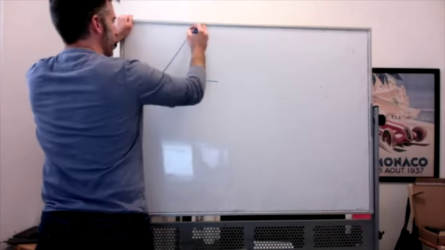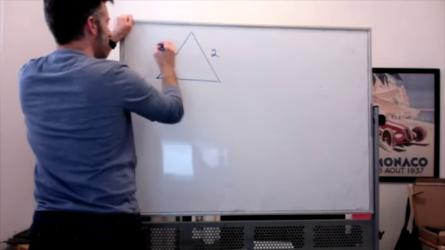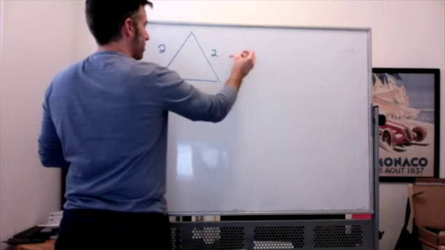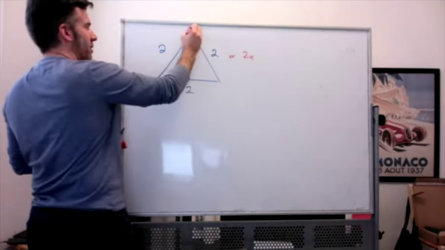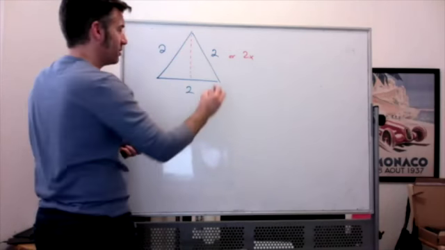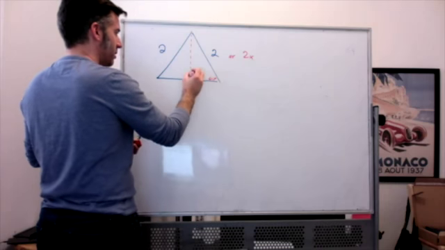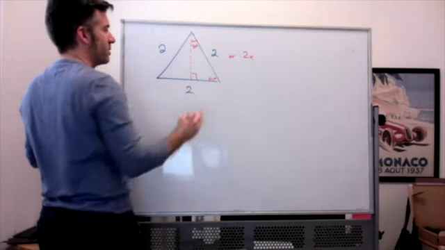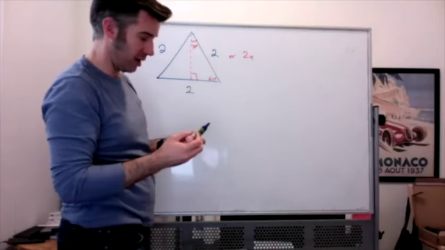Which I'm going to say has side length 2, or if you prefer, 2x, and cutting it in half down the middle. Well, the angles were all 60-degree angles. So now this is still 60, this is 90, and this is half of 60, which is 30. So this is a 30-60-90 triangle.